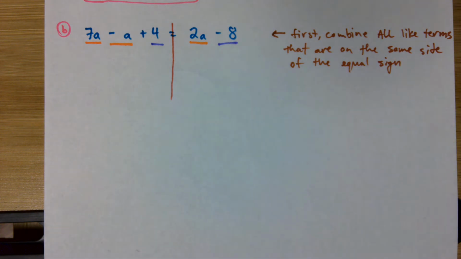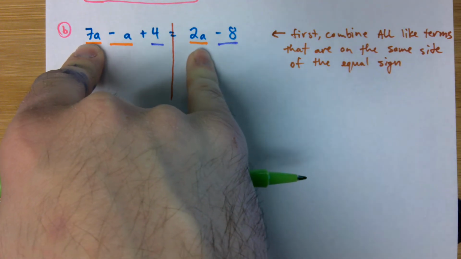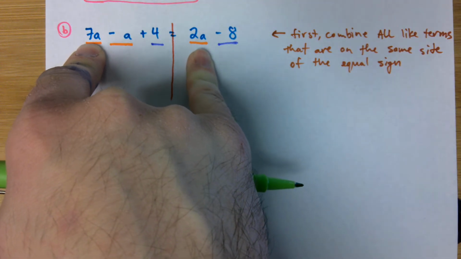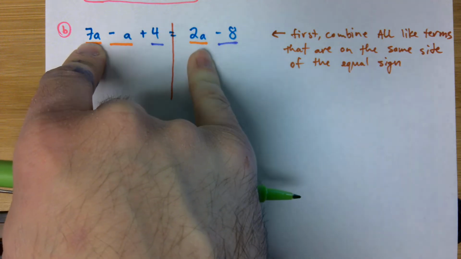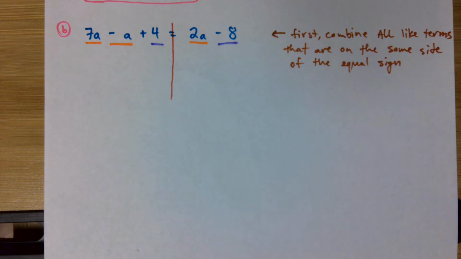Which 2 like terms are we going to combine? Are we going to combine 7a and 2a? No, why can't we combine 7a and 2a? Because they're not on the same side. Thank you, they're not on the same side. So there's 2 different instances here. We have like terms on the same side of the equal sign, and like terms on opposite sides of the equal sign.